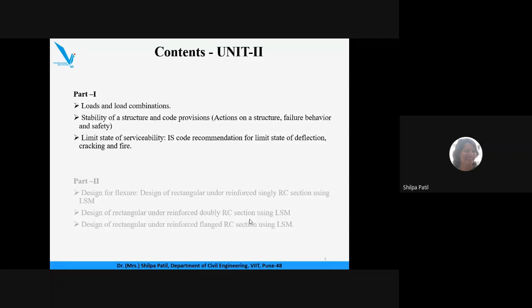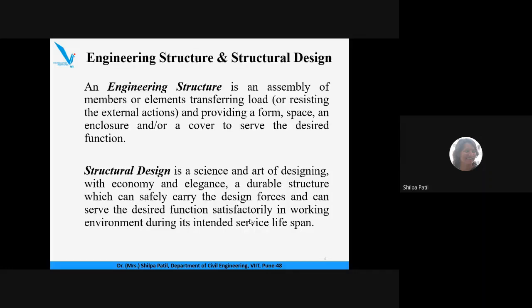So for the initial lectures, I will cover part 1 of unit 1, then part 1 of unit 2, and then again part 2 of unit 1 and part 2 of unit 2. Okay. So let us start with part 1 of unit 1.